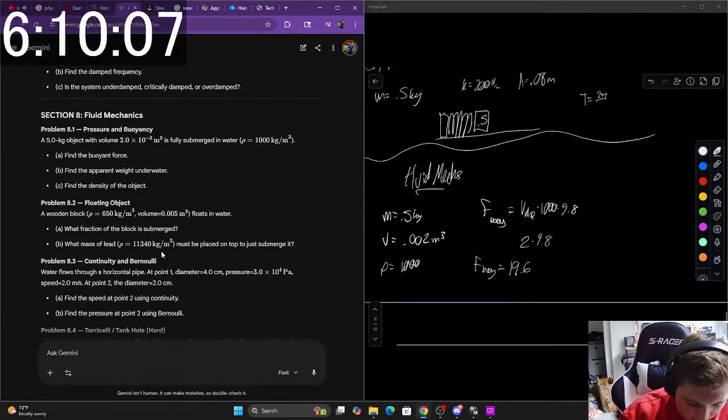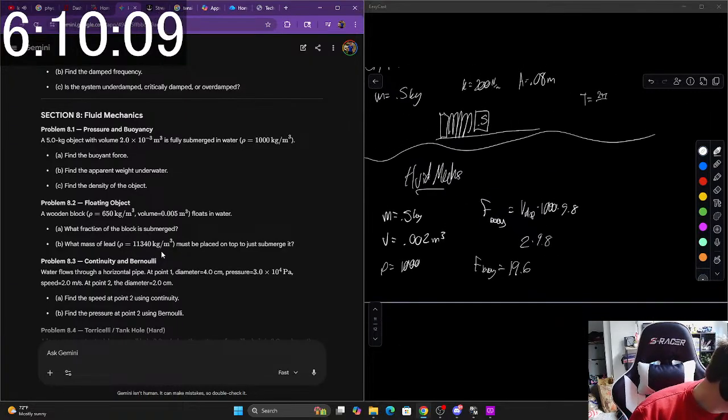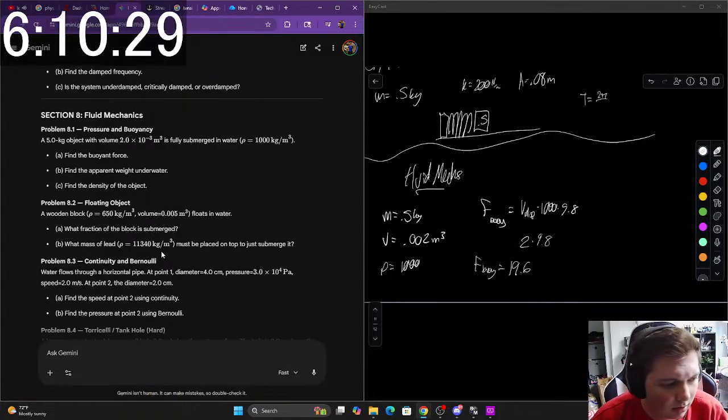The apparent weight of water. I don't know how to find apparent weight. Is weight A?